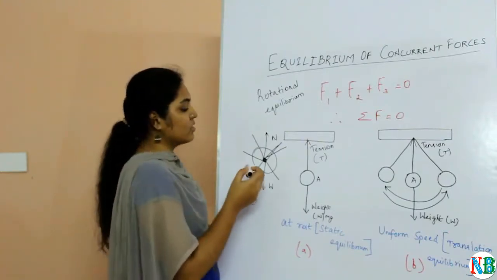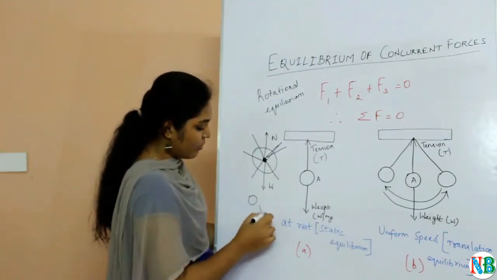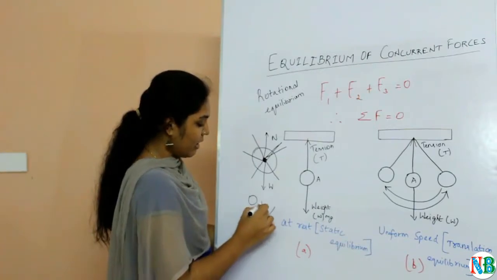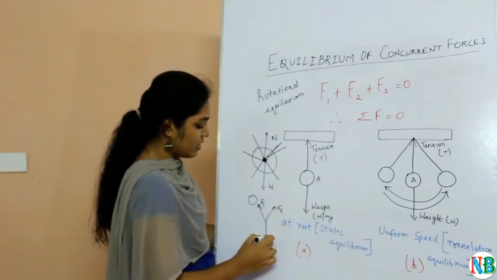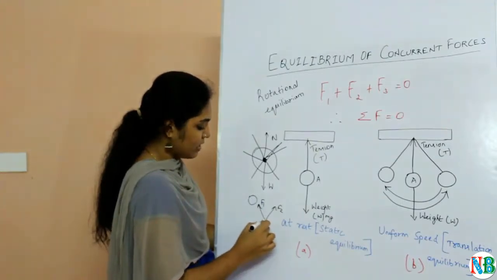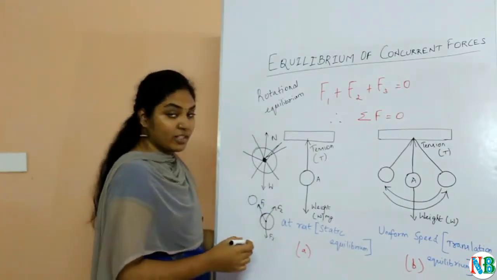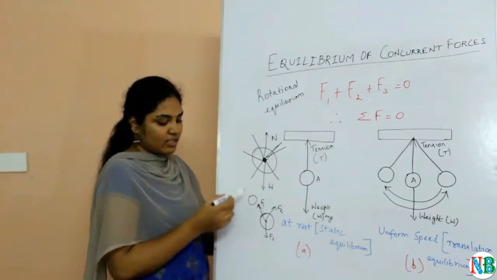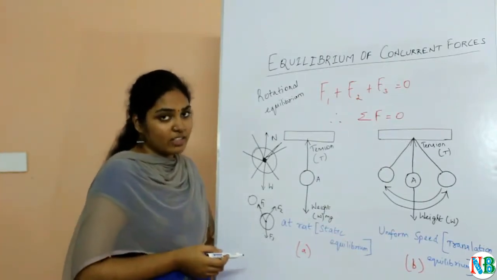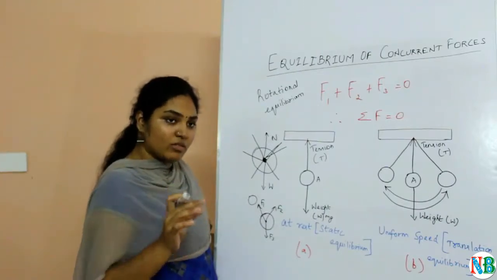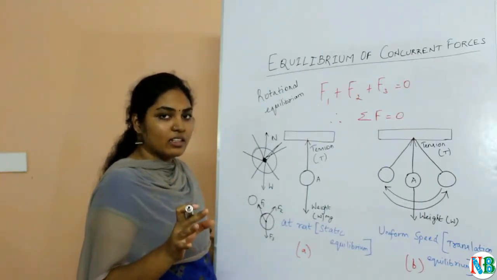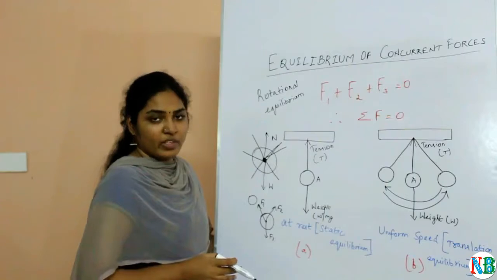Let's see that F1, F2 and F3 pass through a common point, and these three forces balance, being equal in magnitude and opposite in direction. Then the resultant force will be 0.